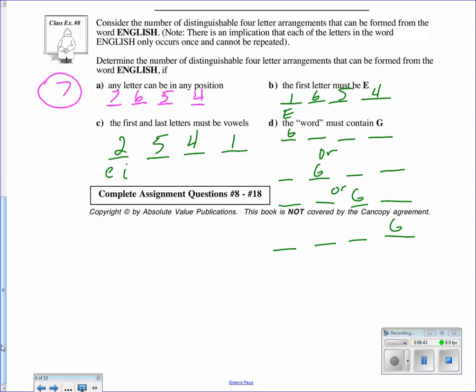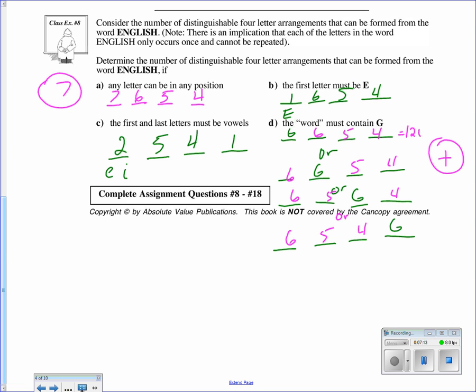So the condition or, which was not explicitly stated, we know we have to add. So there's only 1 choice for where the G has to go in any particular location, but my other positions are 6, 5, 4. And 6 times 5 times 4 is 120.